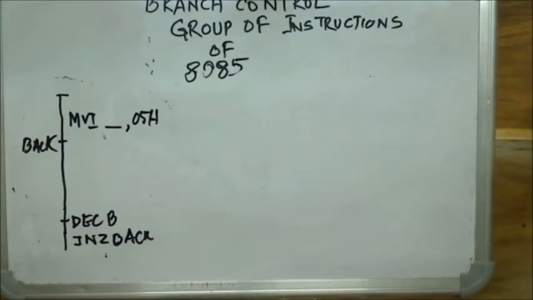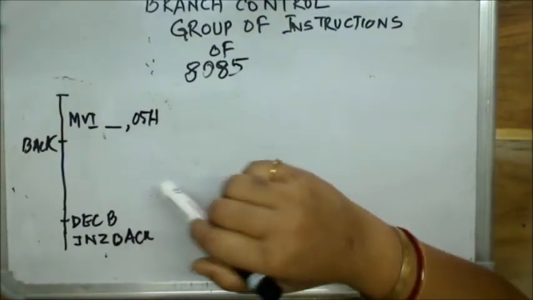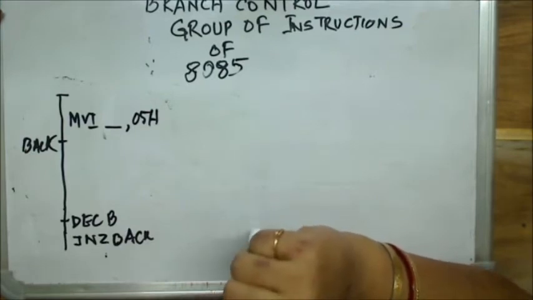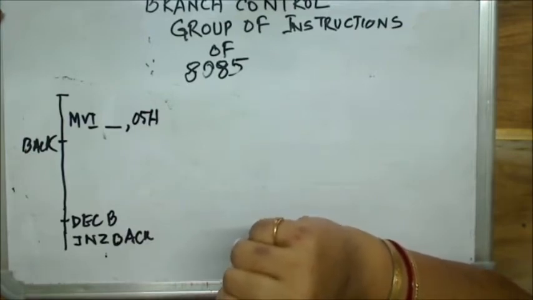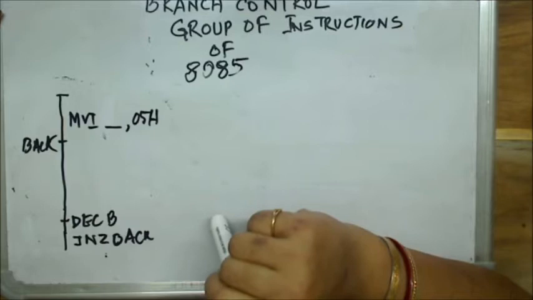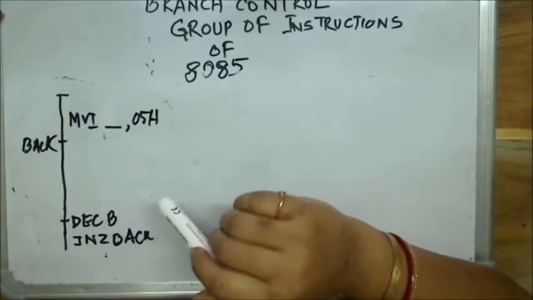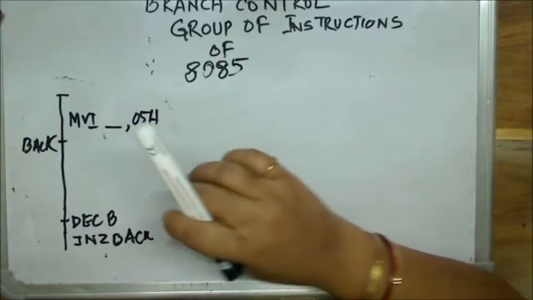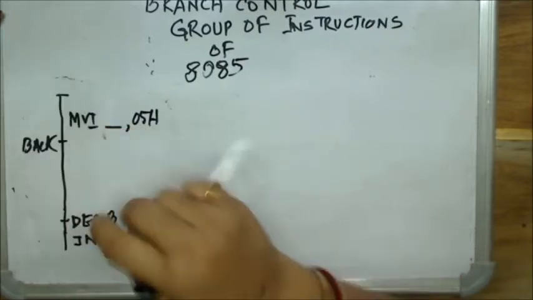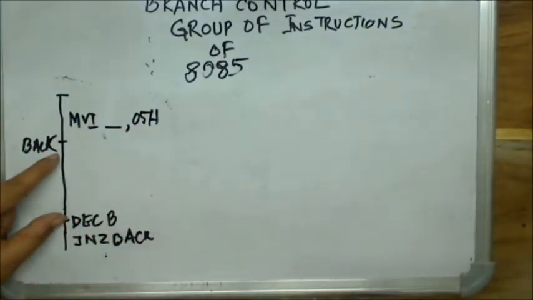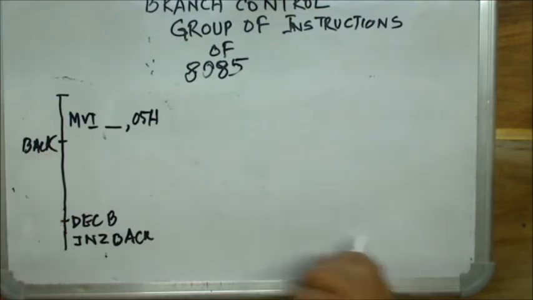Now, finite loops are going to have n number of iterations. Suppose you want to run this loop 5 times.